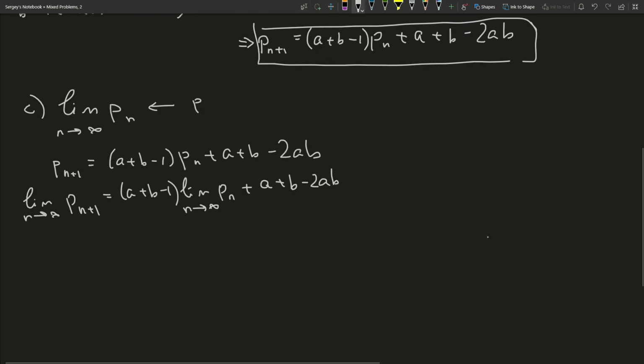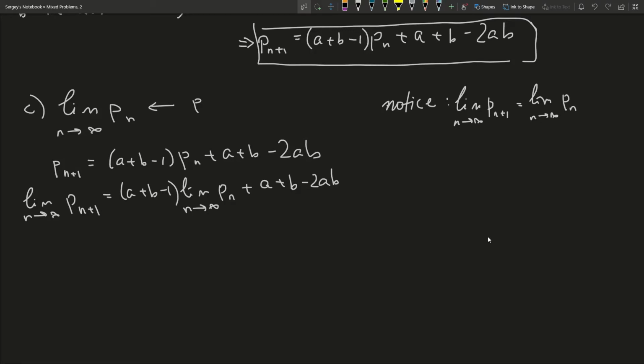So notice that the limit as n goes to infinity of p sub n plus 1 is equal to the limit as n goes to infinity of p sub n. Because n is just going to infinity, so n plus 1 is really the same as n. When we take them to infinity, they grow at the same rate. So these expressions are the same, and we denoted them as p.